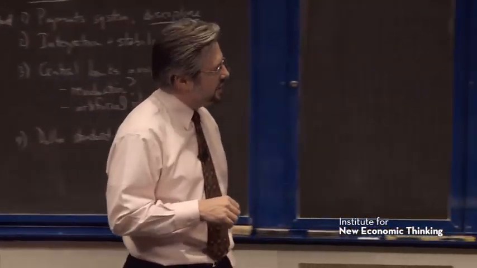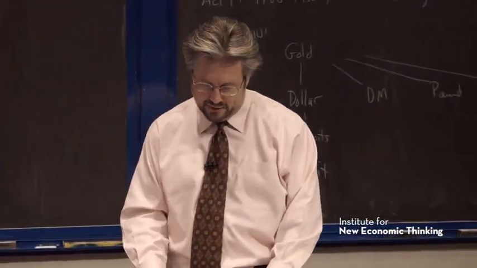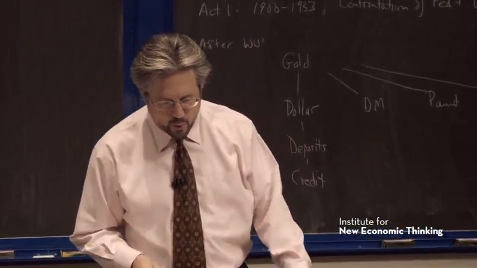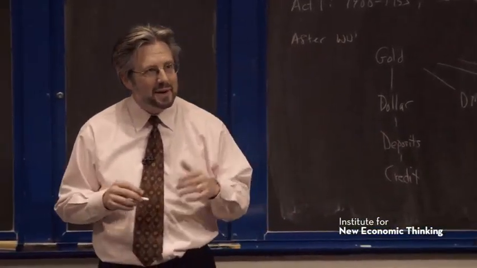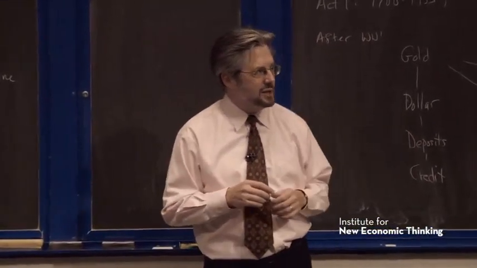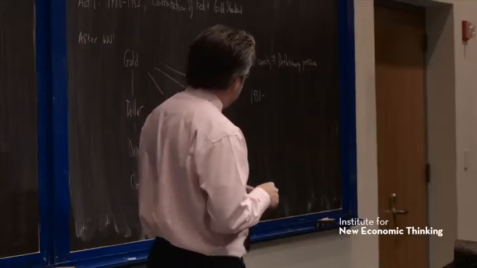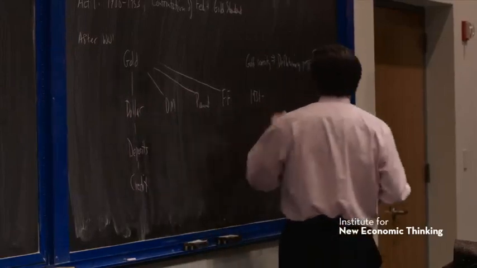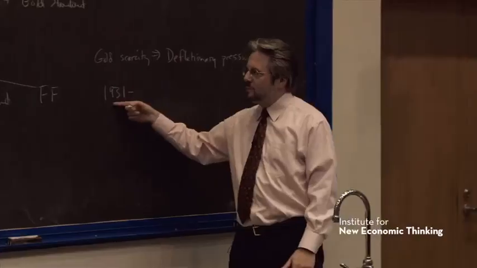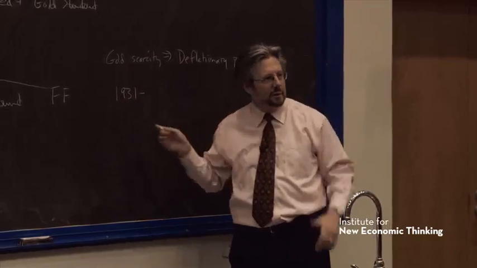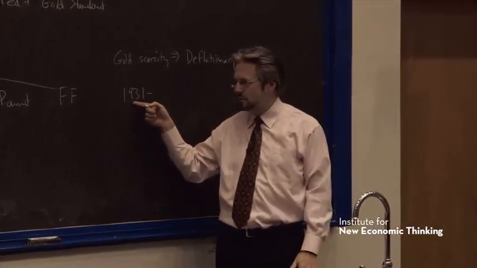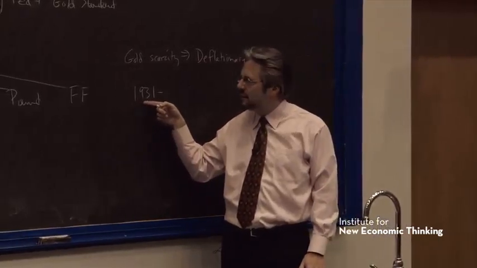By increasing interest rates from, these sound like ridiculously small numbers, 1.5% to 3.5%. But this is in a deflationary period, so these are very high real interest rates here. And the consequence is to make gold even more scarce because all the gold is flowing into the U.S., being attracted by these high interest rates.